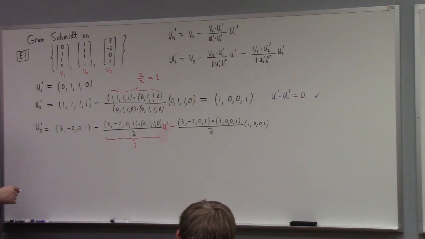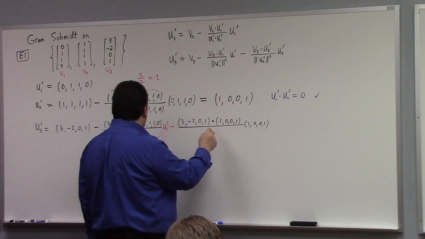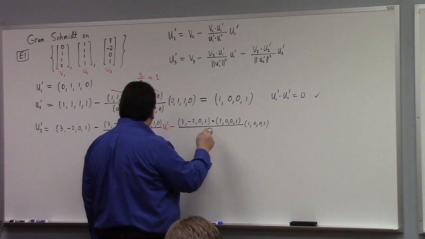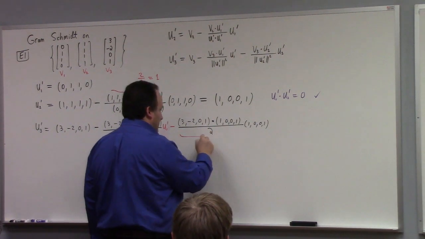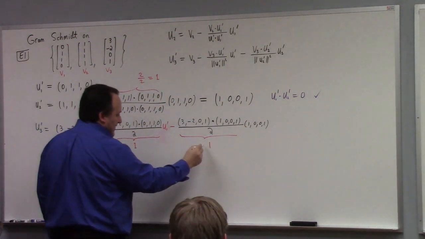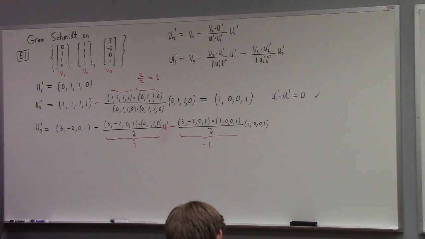And the other one, we've got 3 plus, so this works out to 2 over 2. So this works out to 1, well, if I'm including the minus 1. I mean, you got to be careful about the signs. That's what will get you wrong here.